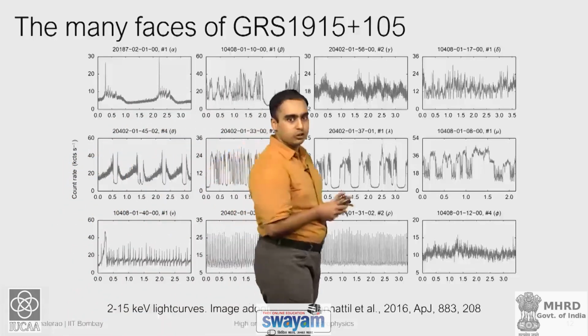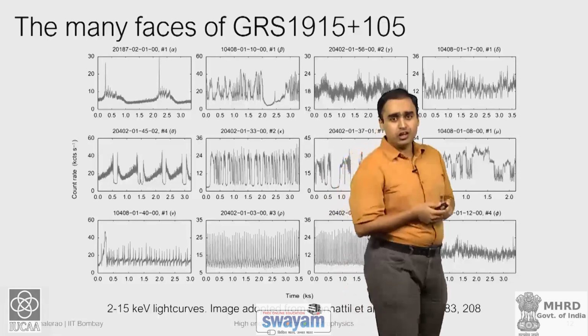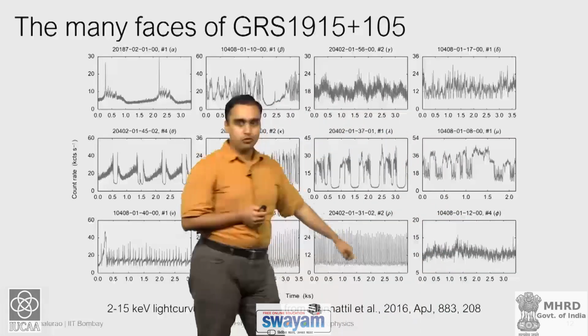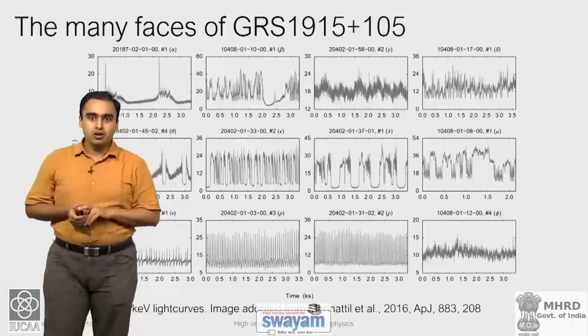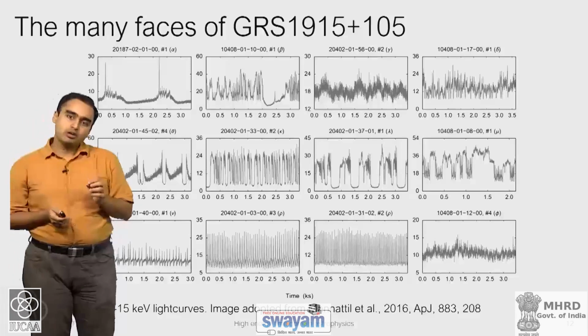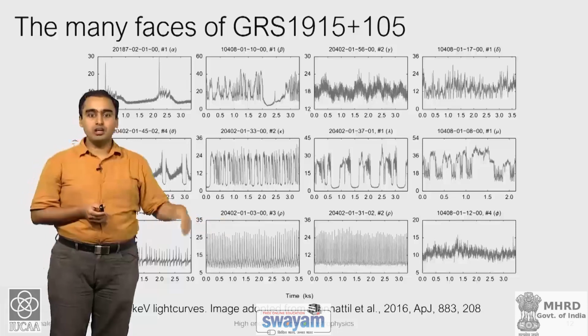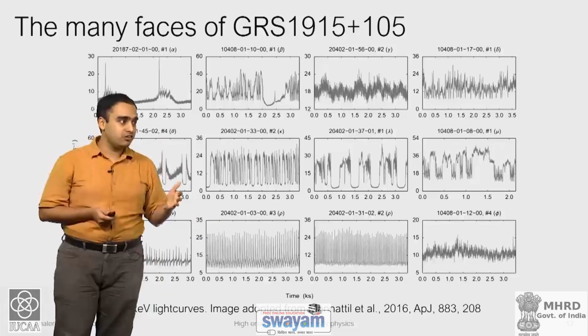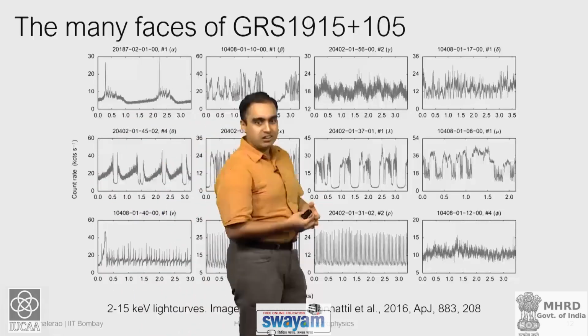The dates are written at the top of each graph, and for any of the plots that you are seeing in my talk, I have put the references for the papers at the bottom, so you can go and look at this data in more detail if you want. This is the same object observed on different days, and you can see that on every different day it can show a very different face. And all of this has to do with the dynamics and feedback loops running in the accretion disk and so on.